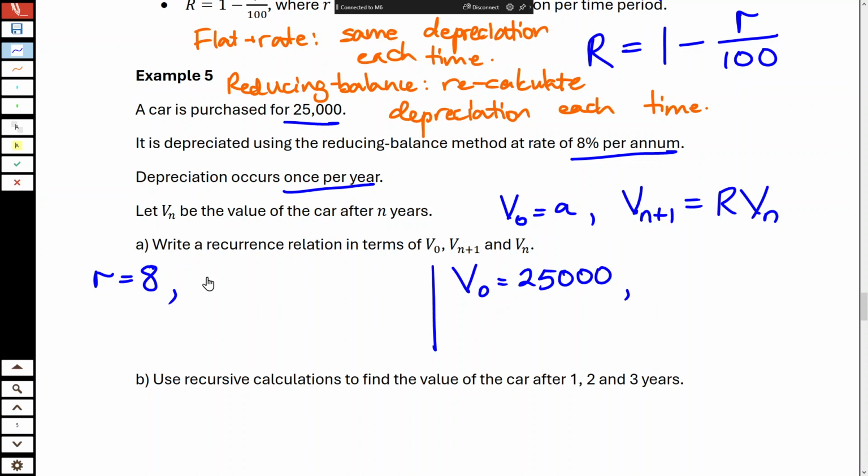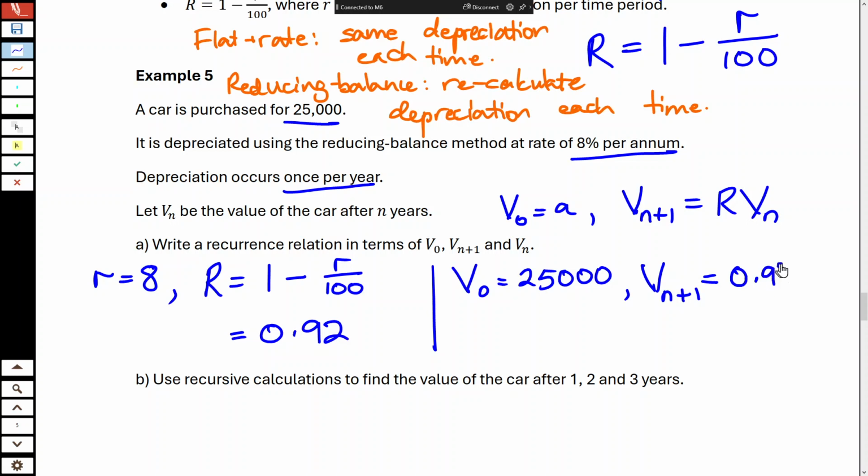We were given that in the question. It's your job to identify that as relevant. And then capital R is 1 minus r divided by 100. And that's going to give me 0.92. 1 over 100 is 0.01. 8 over 100 is 0.08. 1 minus 0.08 is 0.92. So the next part of our recurrence relation will be Vn plus 1 equals 0.92 times Vn.